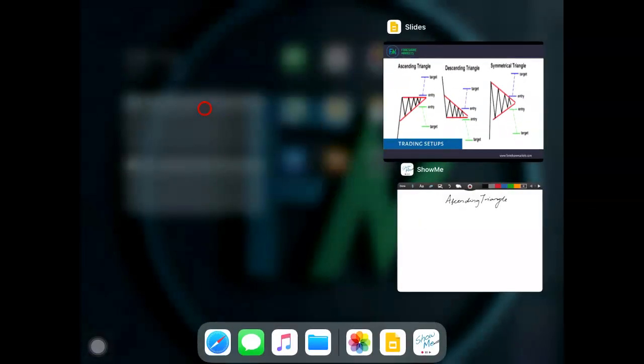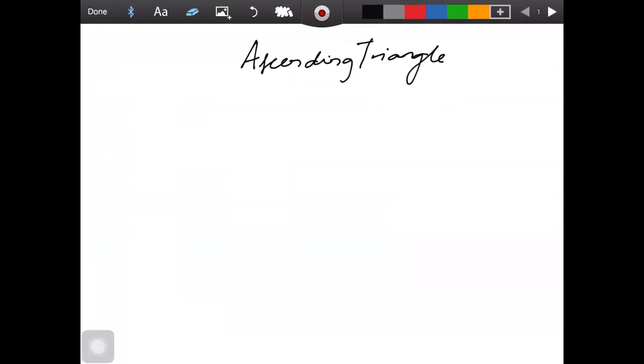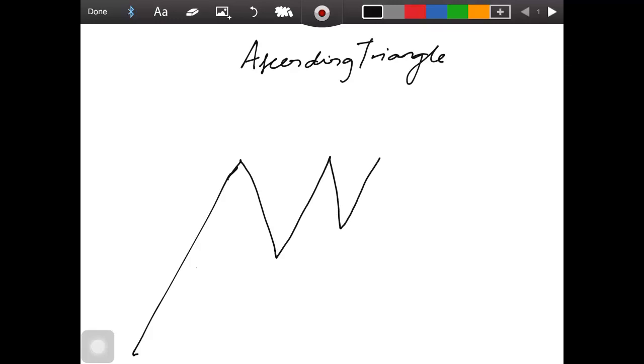Let's look at a typical example of how this works. You already have an uptrend, and then you start seeing this kind of pattern. Price keeps going to that resistance. It keeps doing higher lows but never breaks above there. It keeps doing higher lows, but it never does a higher high.